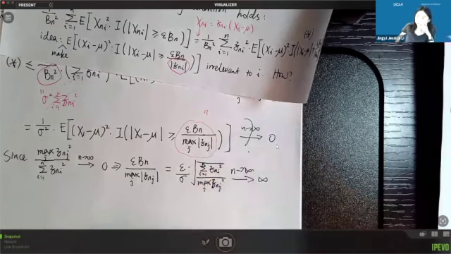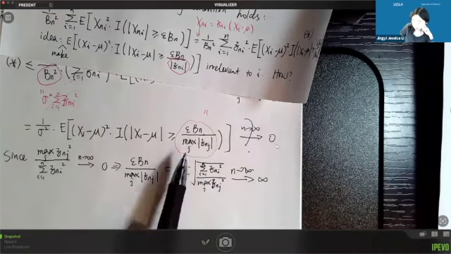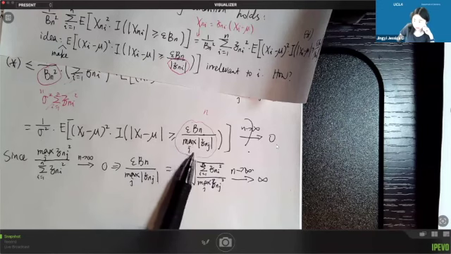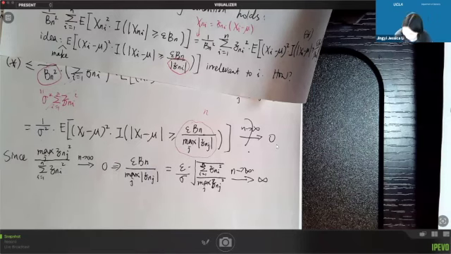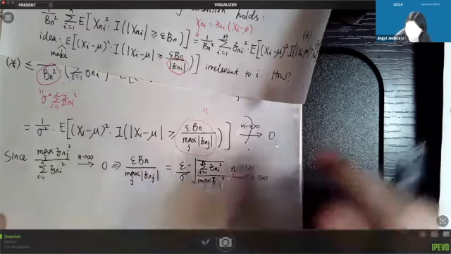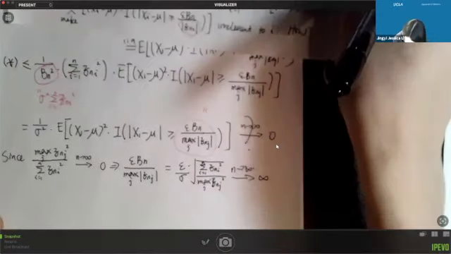Okay, and what does it mean if we have this go to infinity? Then the indicator is going down to 0, right? So here is the thing. Something we learned in our first few lectures will come into play.